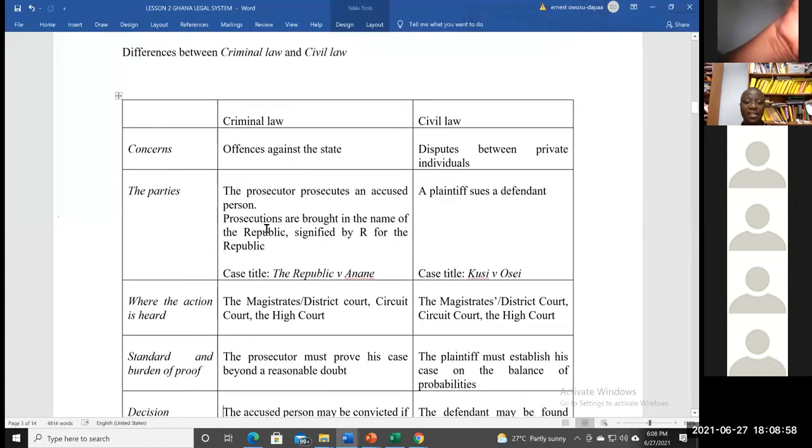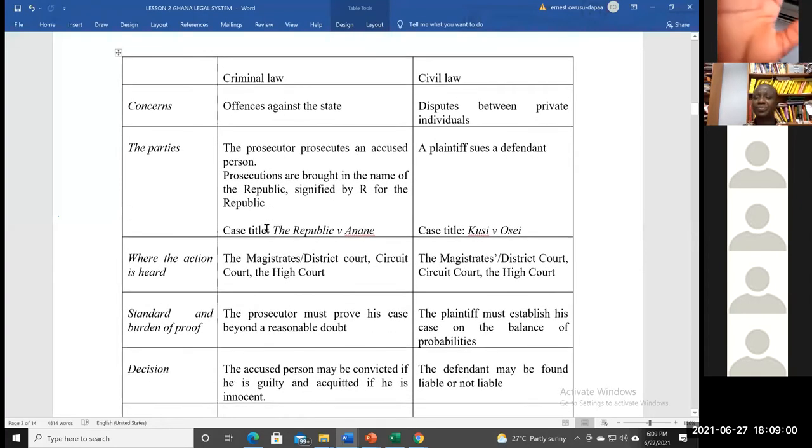Then in terms of the venue, of course, the venue depends on the type of claim. So in that case, there's not so much a difference between whether it's criminal or civil, because all the courts involved have jurisdiction in most of the matters, as we know.